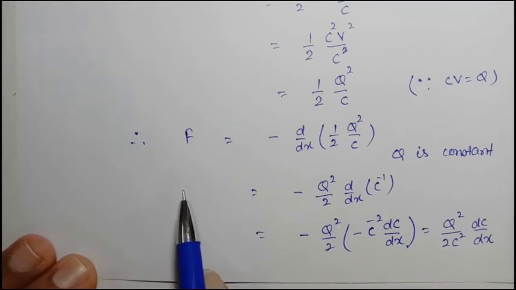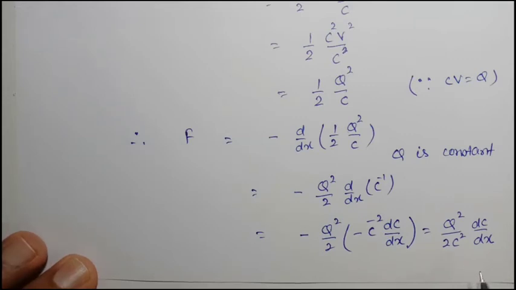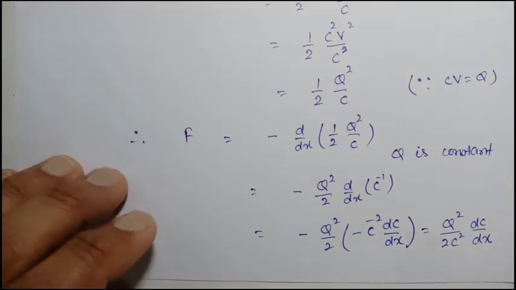So F equals Q square over 2C square dC by dx.